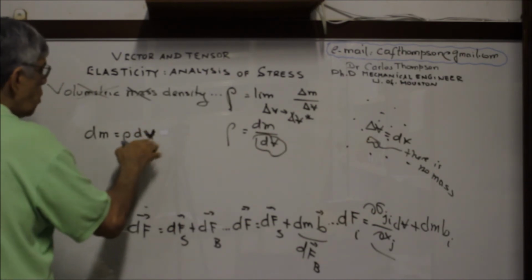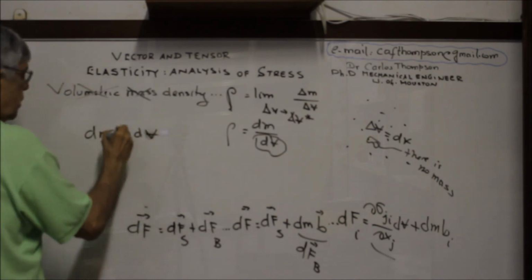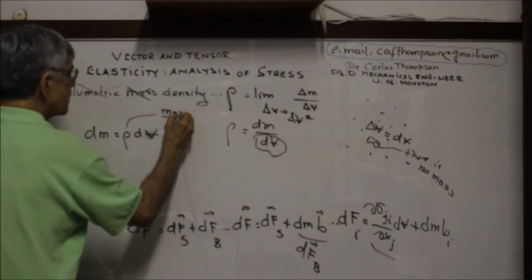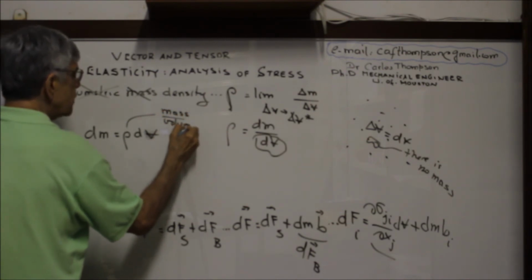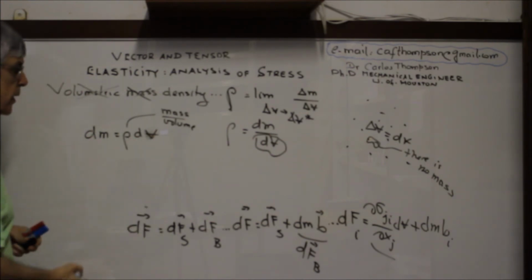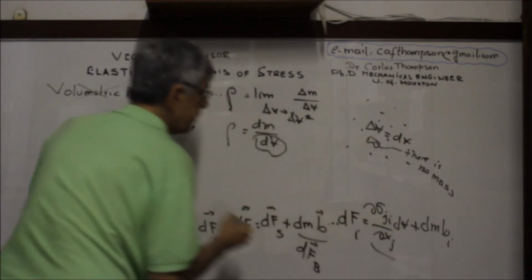I'm sorry, let's put rho dV. Obviously rho is mass divided by volume, and mass by volume times volume is mass. Now let's substitute this over there.